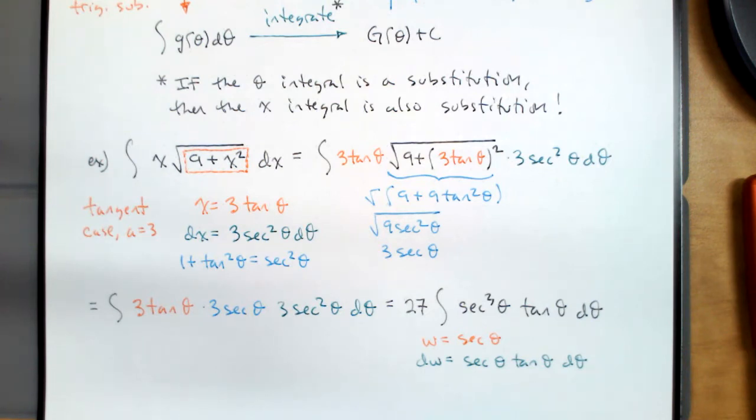At this point, we should stop. We should say, hang on a second. If the theta integral is substitution, that means the x integral is also substitution. And we're wasting effort to do trigonometric substitution on this. So this is the point when we recognize we should stop.